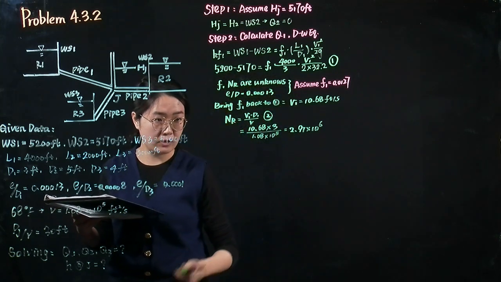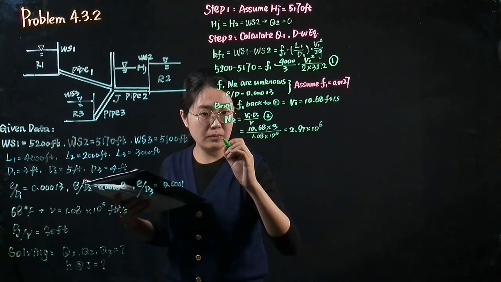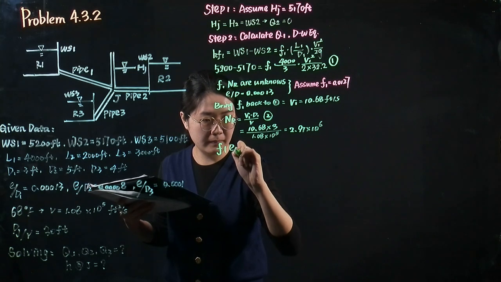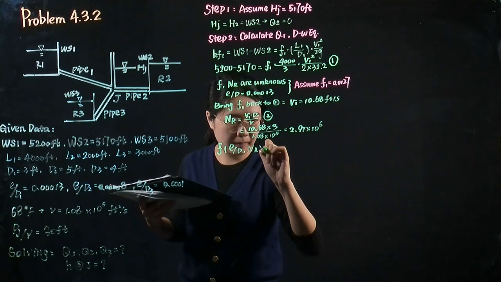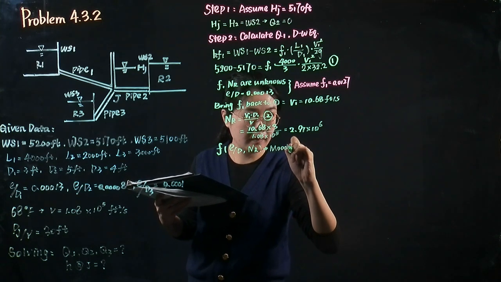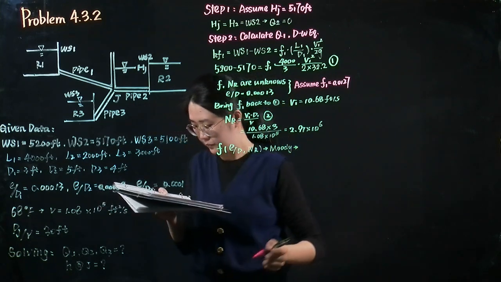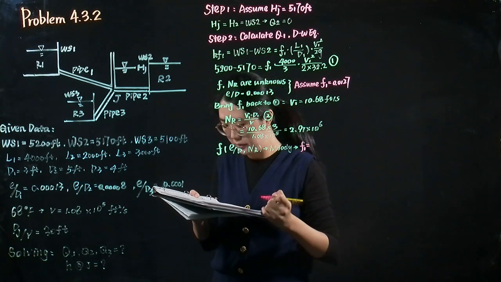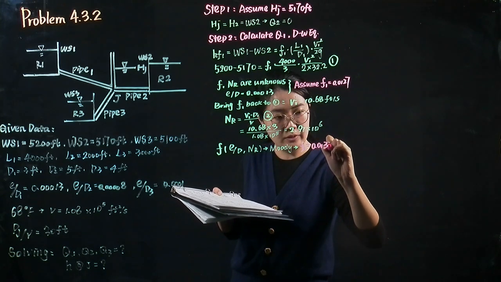So we can use the Moody diagram to determine the new friction factor, which equals 0.0132.